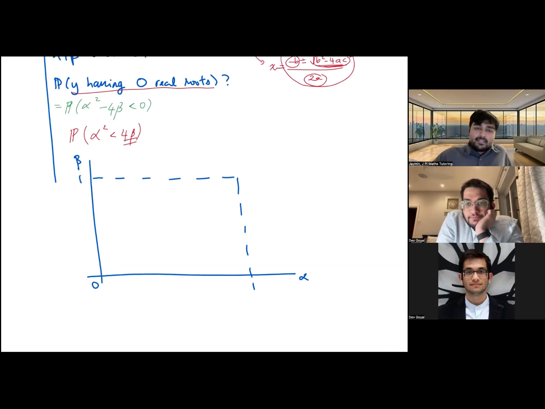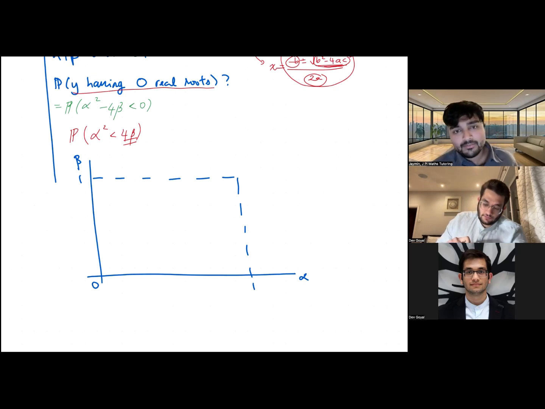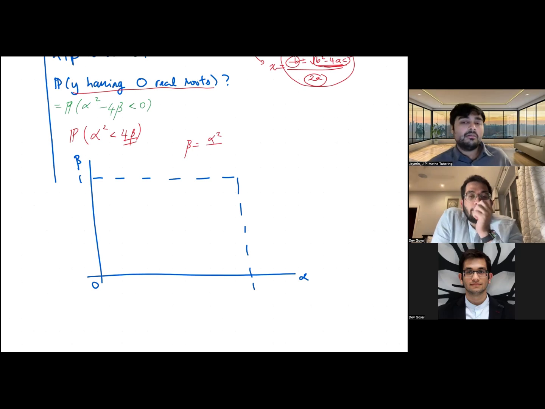Oh, I see. Yes. So if I first draw the line beta equals alpha squared over 4, that's a quadratic, so when alpha is 0, it's going to pass through there.